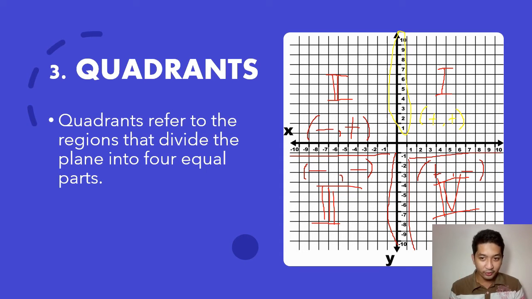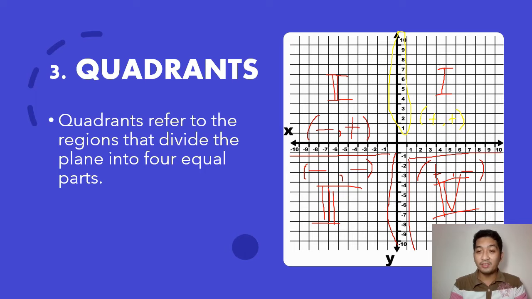Again, I will repeat for you to understand and for you to memorize it. Always remember that a Cartesian plane has 4 quadrants, which divide the Cartesian plane: quadrant 1, quadrant 2, quadrant 3, and quadrant 4.